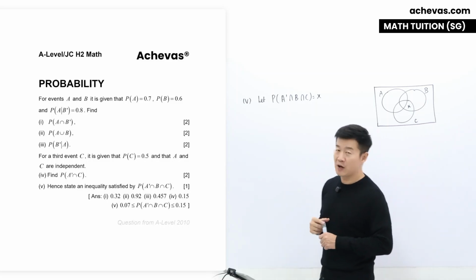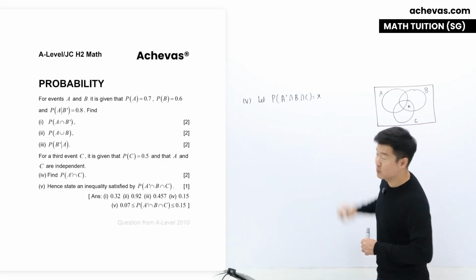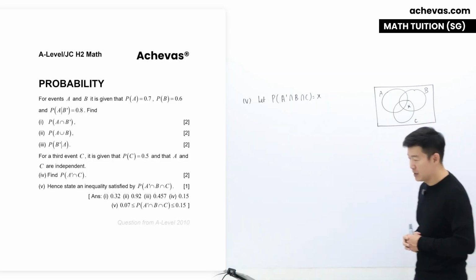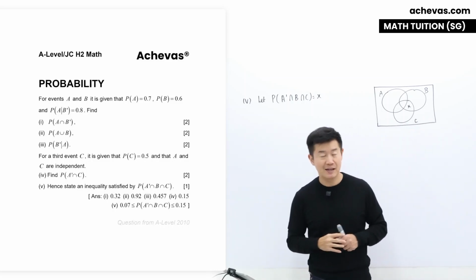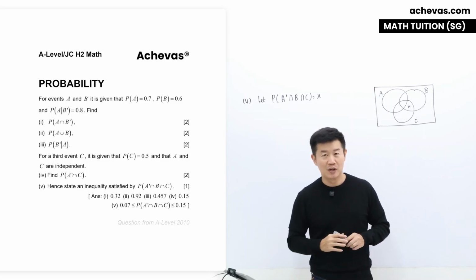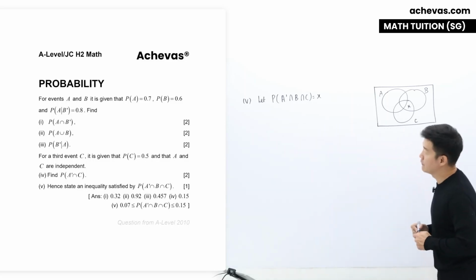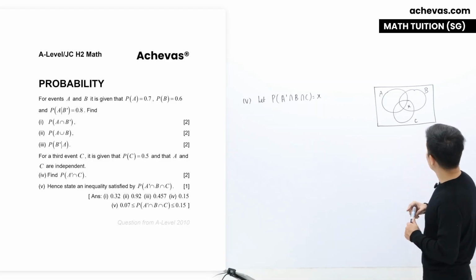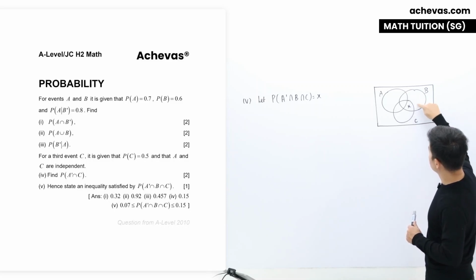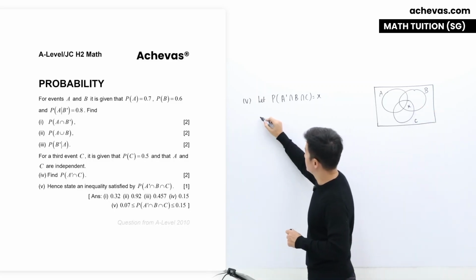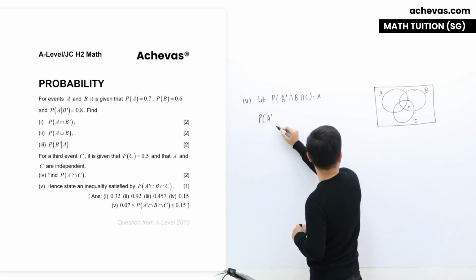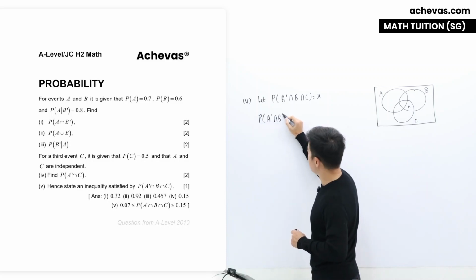And with the information that we have found previously, together with this X that we have indicated on our Venn diagram, we're going to try our best to indicate all the regions that are also related to X. For example, we can find this region here. This region is outside A and inside B and outside C at the same time.